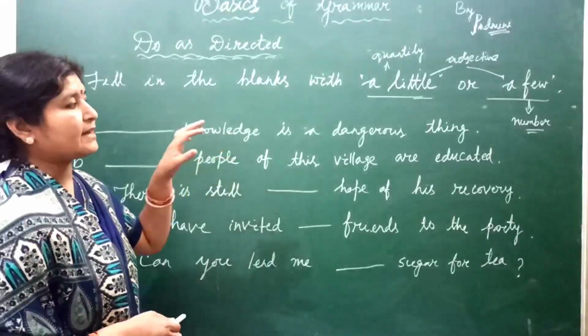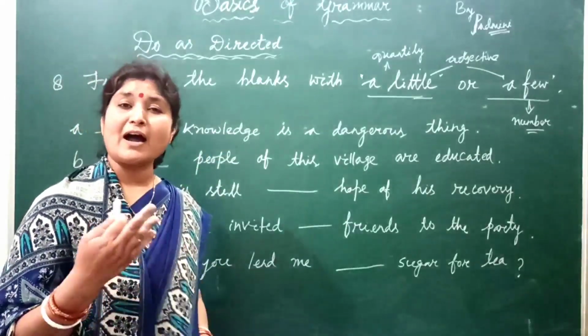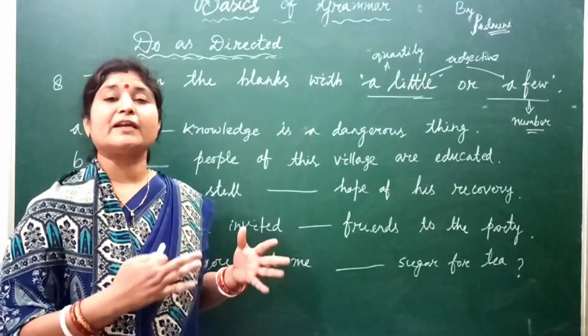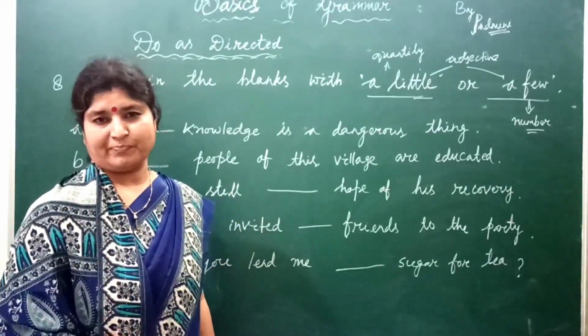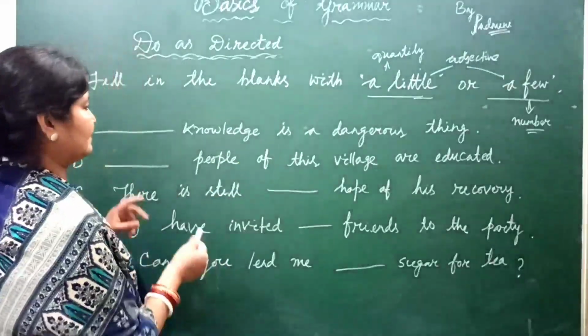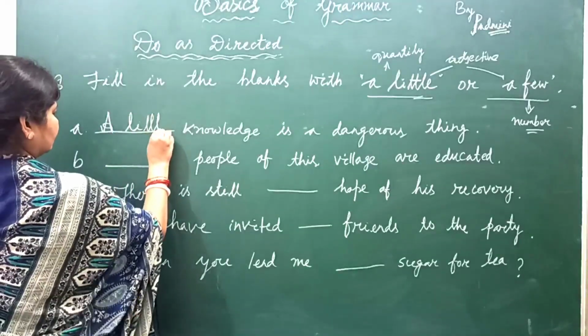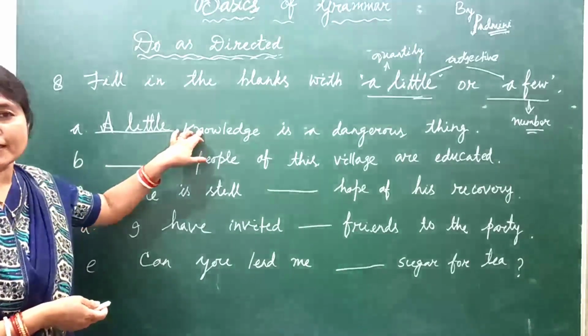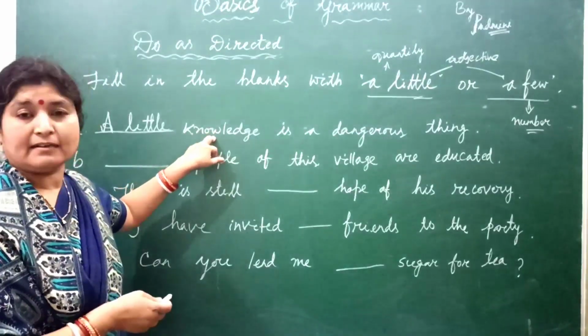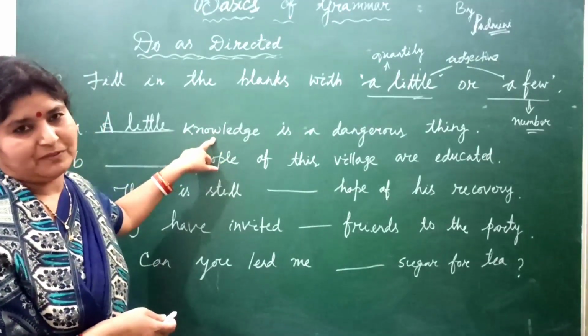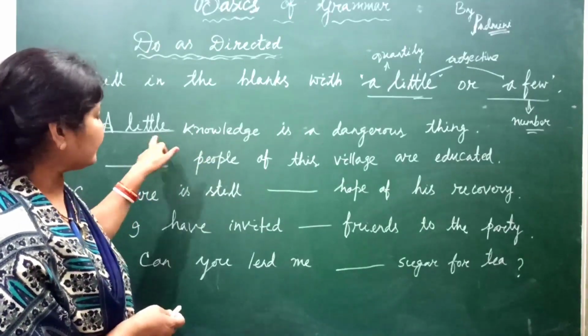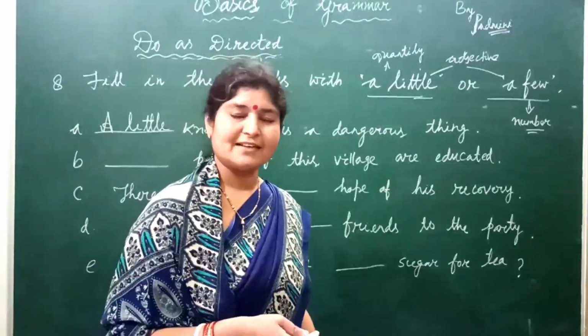Knowledge is a dangerous thing. So I hope, my dear students, you can give the answers very easily. So a little, because knowledge is an uncountable noun. So a little knowledge is a dangerous thing.